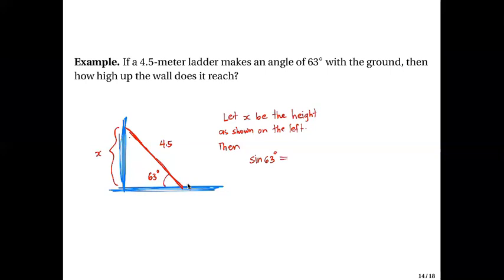This is equal to opposite, which is X, over the hypotenuse, which is 4.5. Or your X is equal to 4.5 times sine 63 degrees.